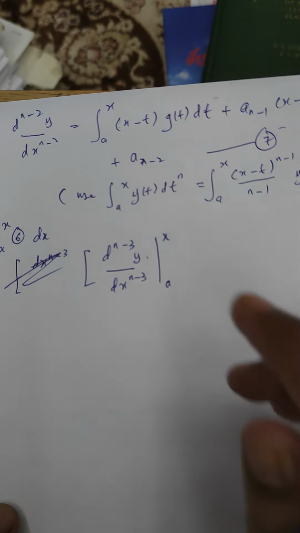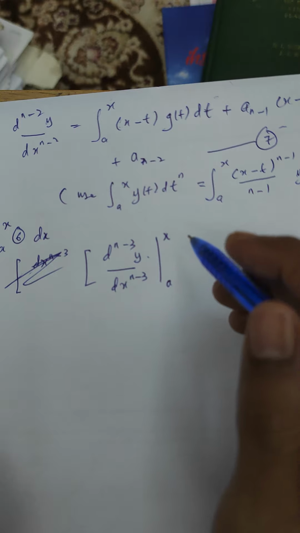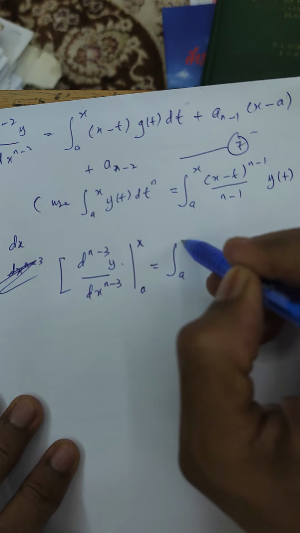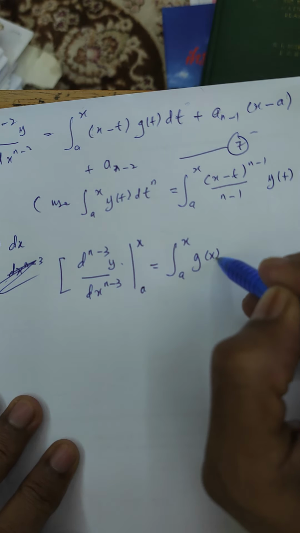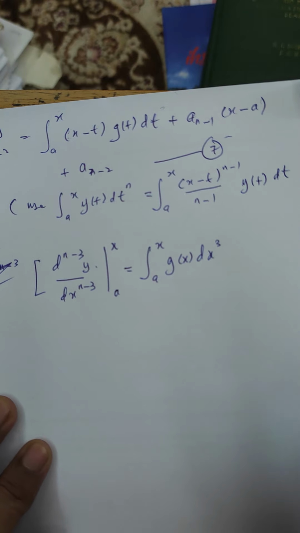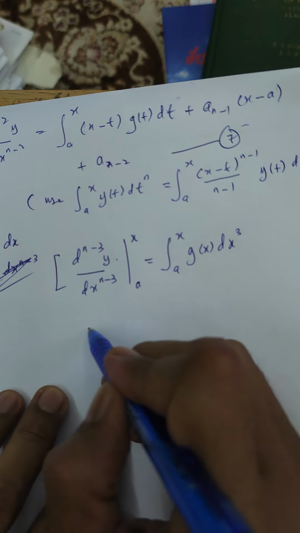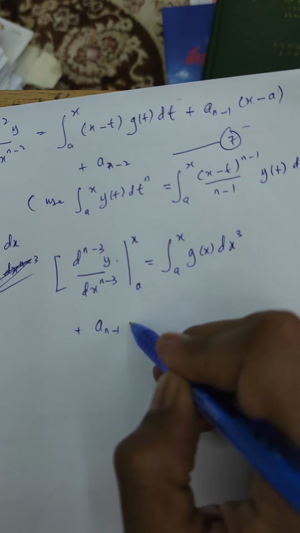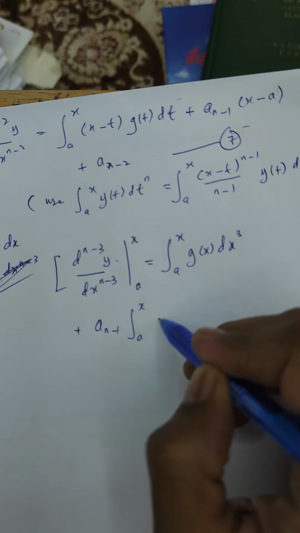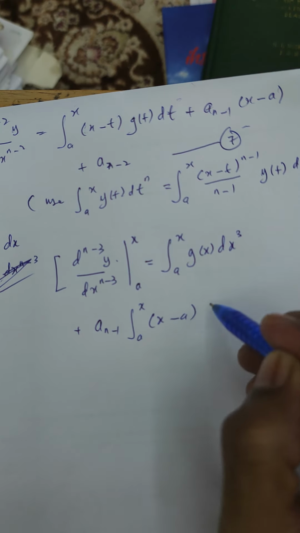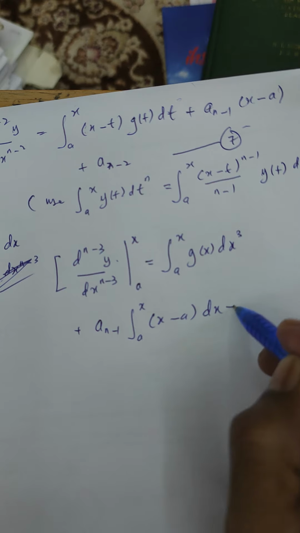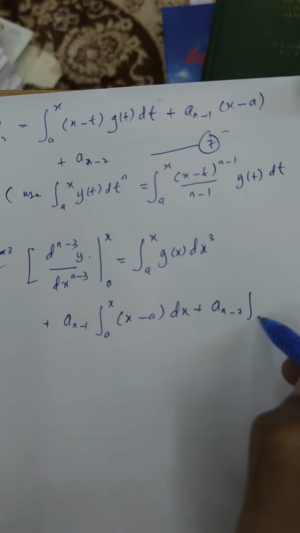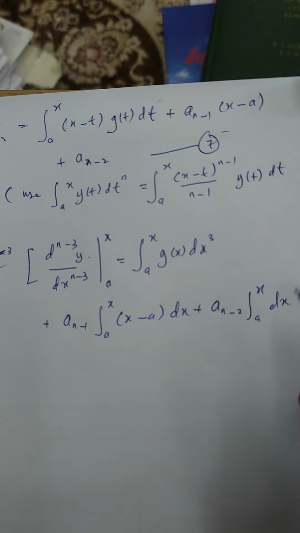This equal to the integral from a to x of g(x) dx cubed, plus a_(n-1) times the integral from a to x of (x minus a) dx, plus a_(n-2) times the integral from a to x of dx.